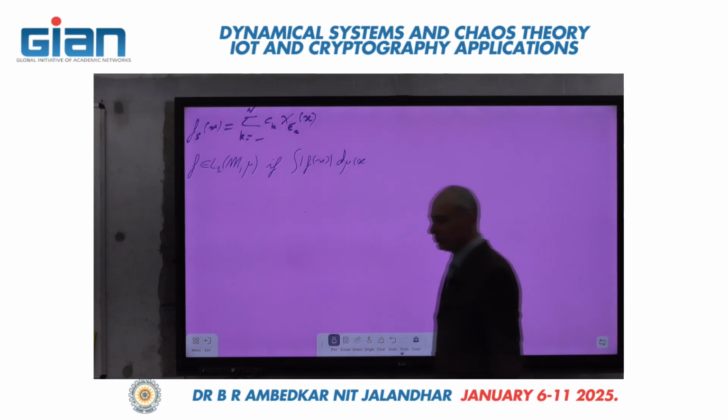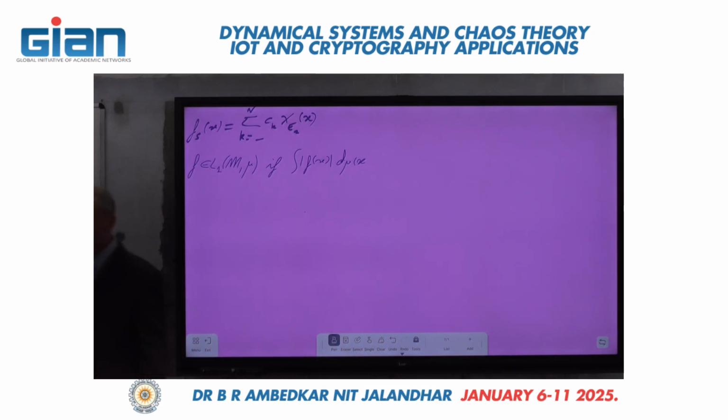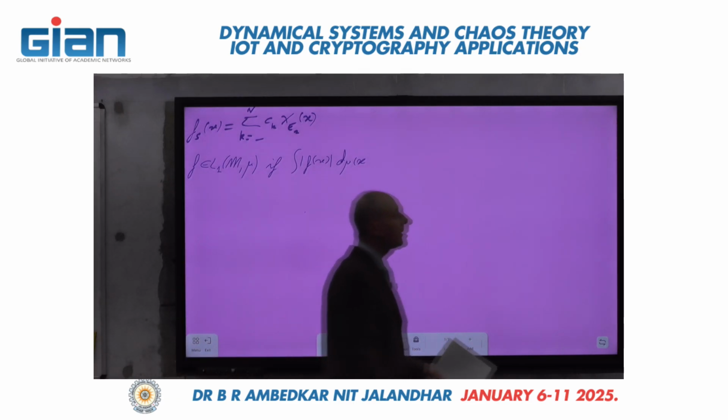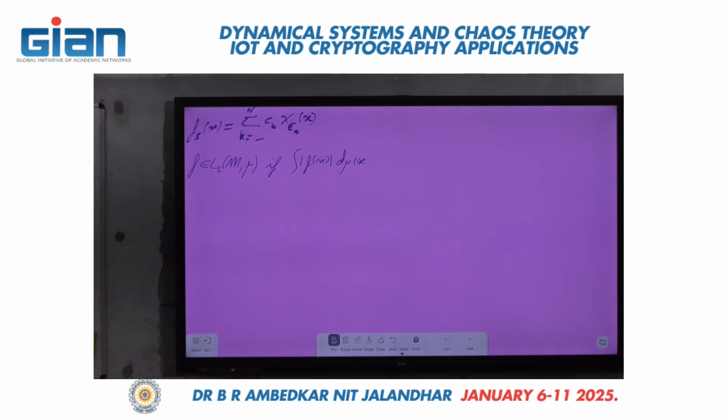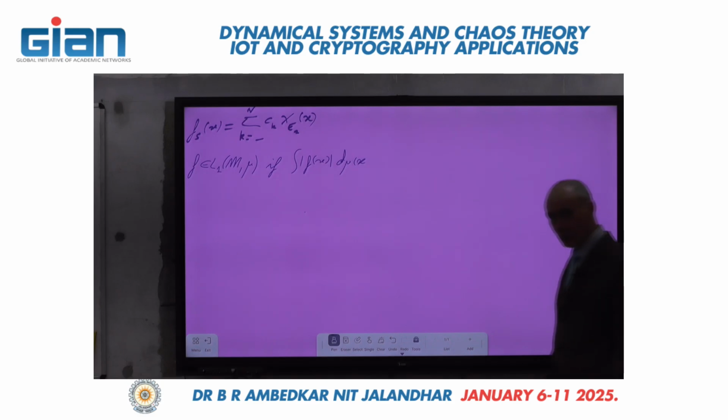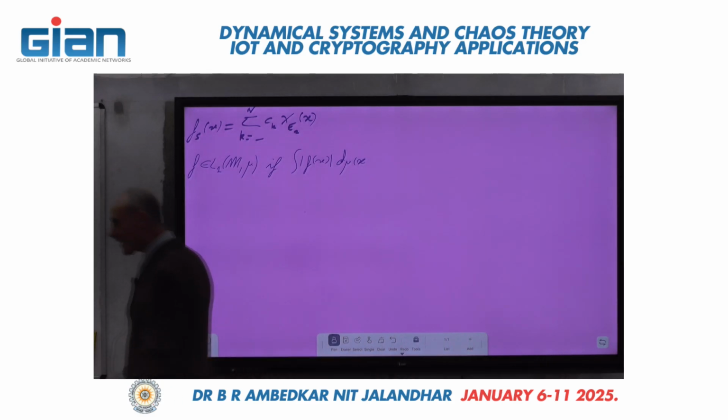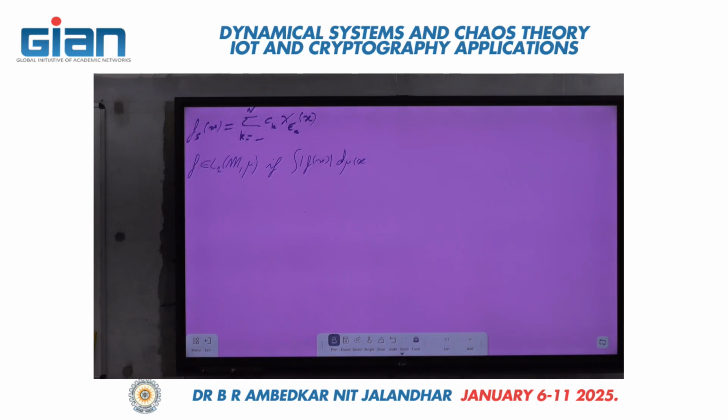What you can do are two equivalent things. One is you choose the sigma algebra: you choose which sets you want to attribute a probability to.